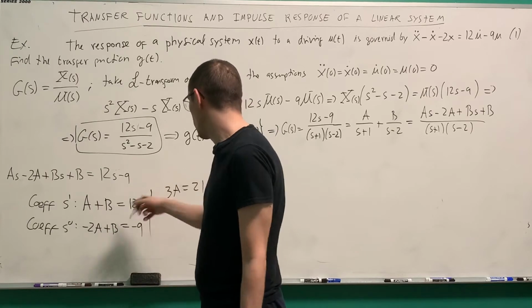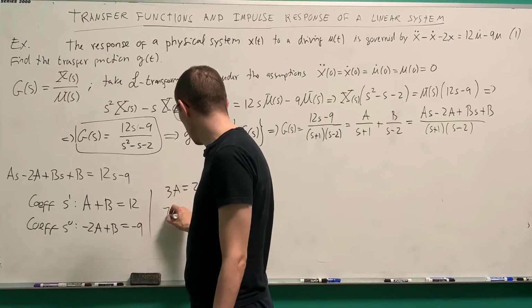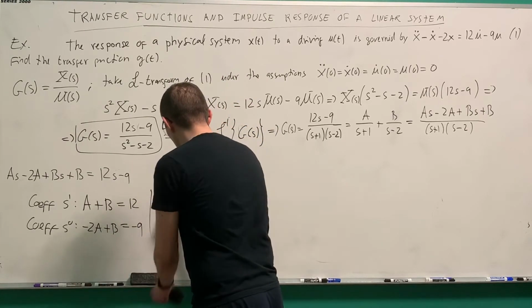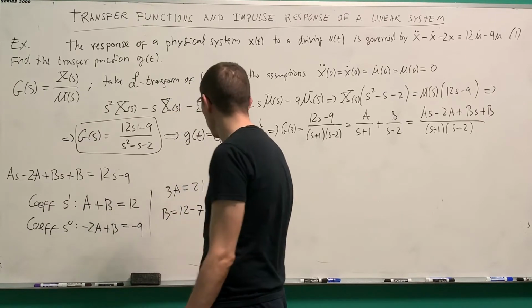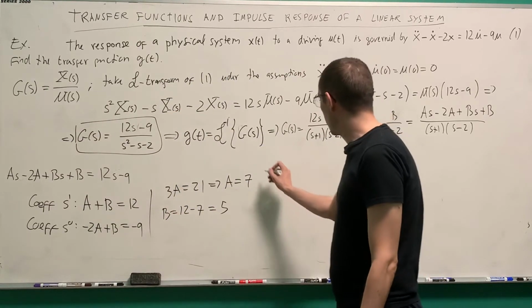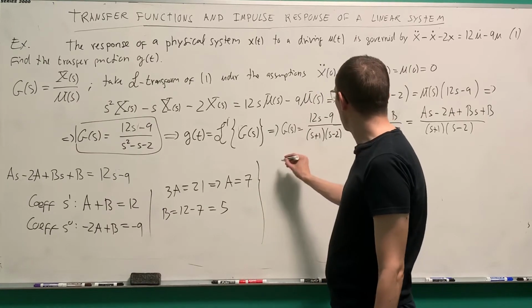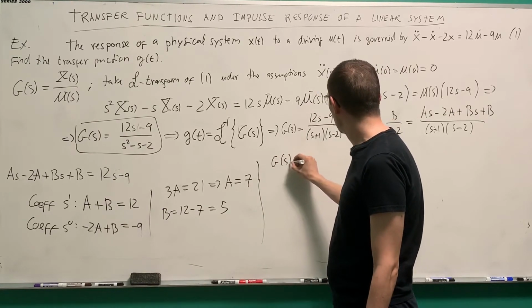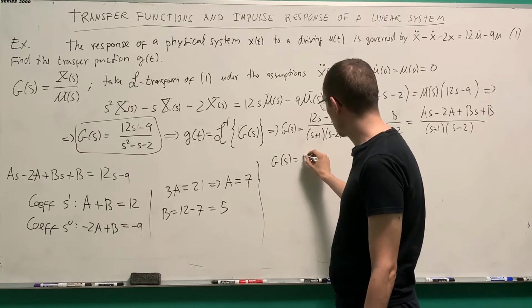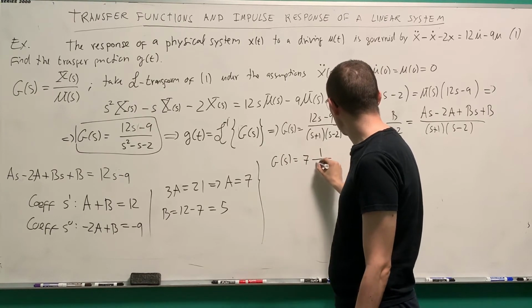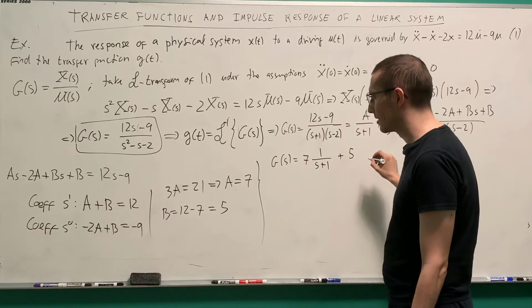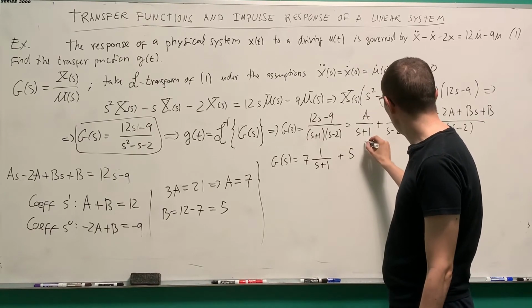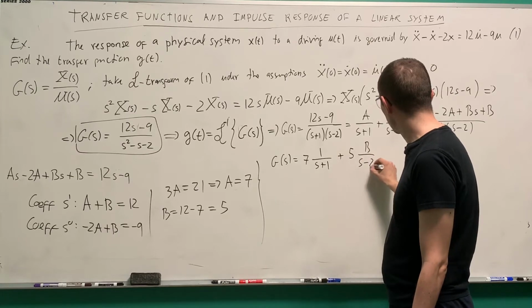And then I use this one, for example, and I get that 7 plus b, well, b is equal to 12 minus 7, which is 5. Right, very simple. So I got my simple fractions. Capital G of s is equal to 7 times 1 over s plus 1, plus 5 times 1 over s minus 2.